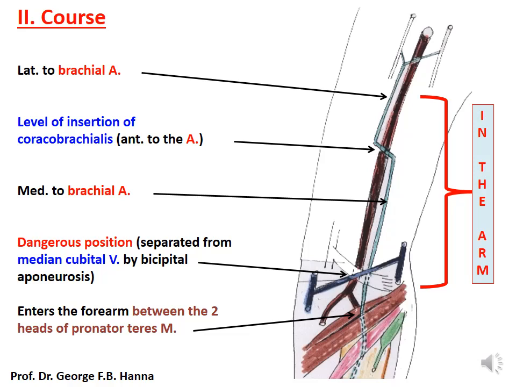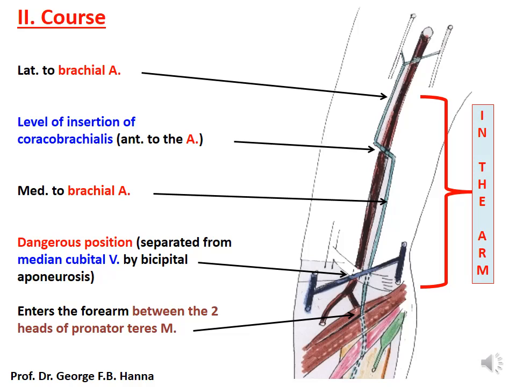At this level, which corresponds approximately to the middle of the arm, the nerve completely changes its position. The median nerve, which was lateral to the brachial artery, now crosses superficial to the brachial artery and then lies medial to it, and it stays this way till the level of the elbow.